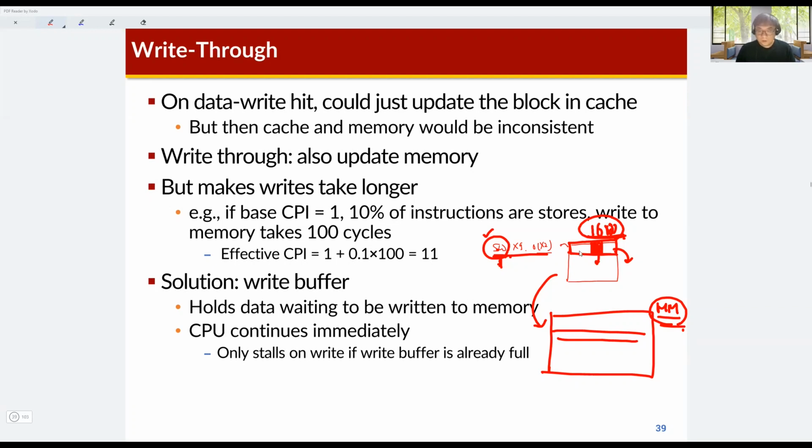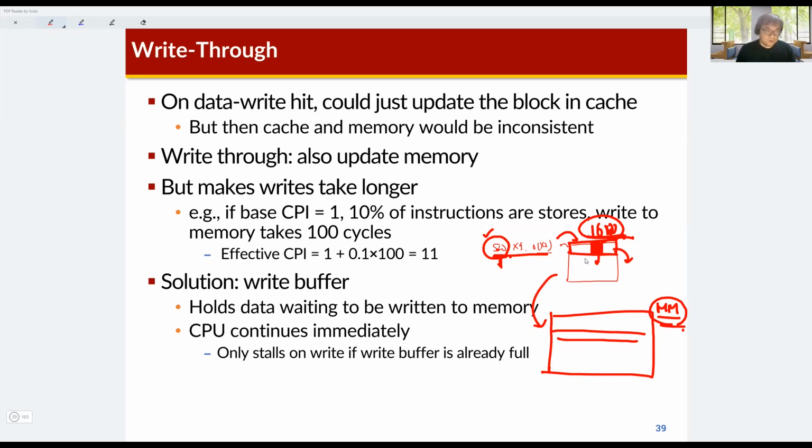But why do we use cache? The main memory is so slow, so we temporarily store the frequently used data inside the cache. And then when the store instruction is executed, the cache is first accessed by the processor, and the store instruction will update the contents of the cache, okay?